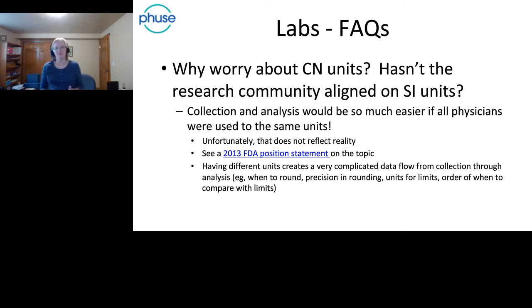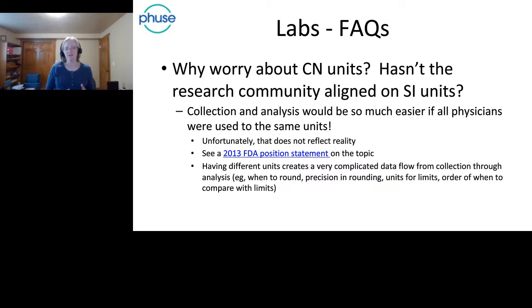There is a statement made by the FDA on the topic, and it basically says what I just said. They're saying, yes, we know we would like to move toward standard units, but our community still might want to see conventional units. If you want to just pick one unit, this becomes a discussion you can have with your particular reviewer.